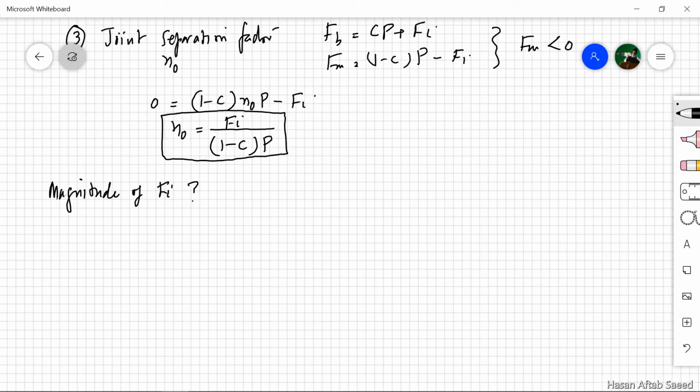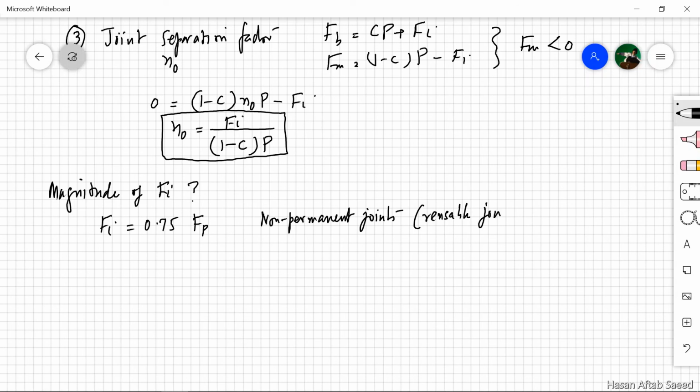So there are guidelines for this, and these guidelines are, FI is equal to, and these are again empirical, these things work, FI is equal to 0.75 into FP. Now FP is the proof load, and obviously you can calculate this proof load from proof stress and the tensile stress area. It is 0.75 of FP for non-permanent joints, that is reusable joints.